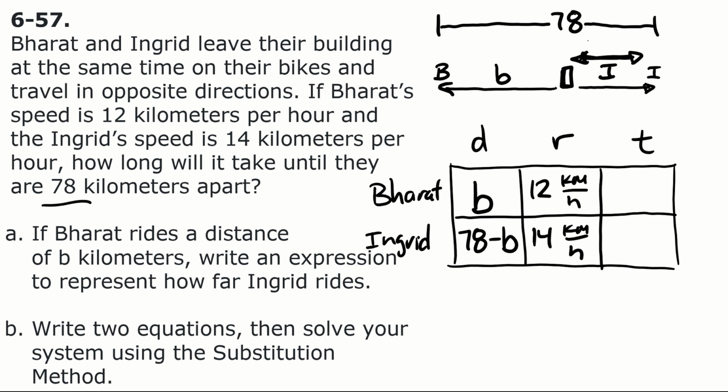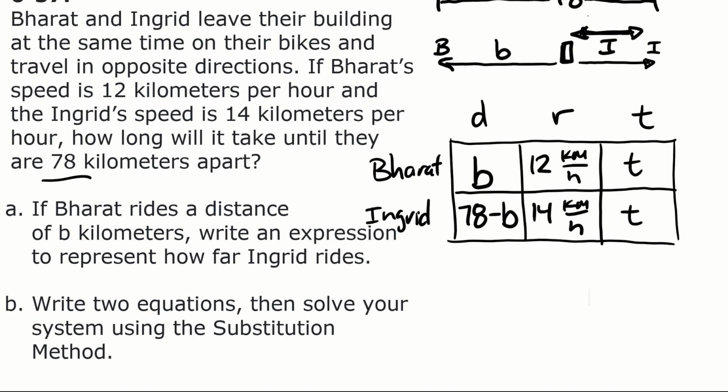And the other thing that we know is that as they travel, at the same time they'll be 78 kilometers apart. So t is going to be the same for each one of these. At some specific time, they're both going to be 78 kilometers apart from each other. Not 78 from the school, but 78 apart from each other.